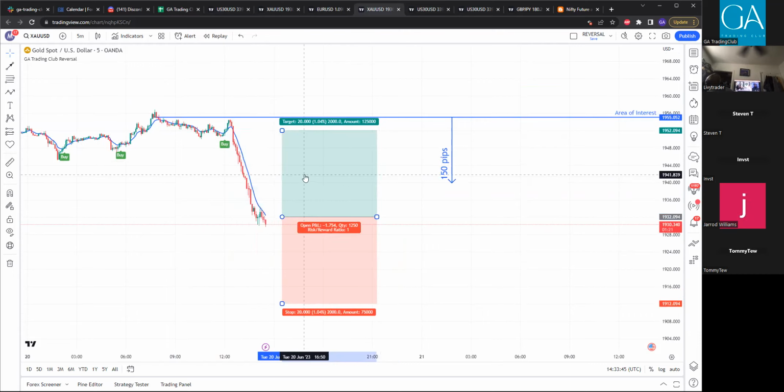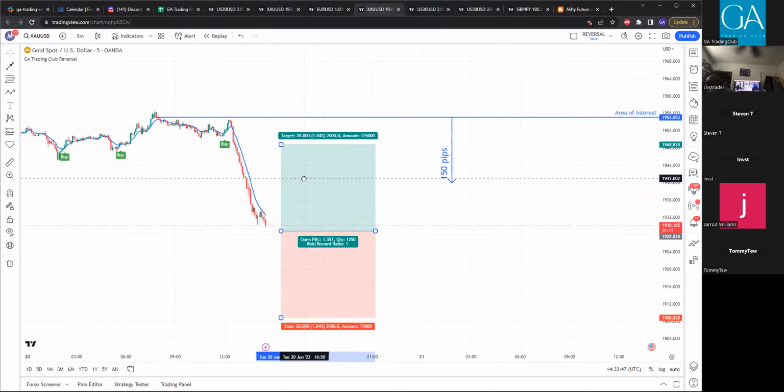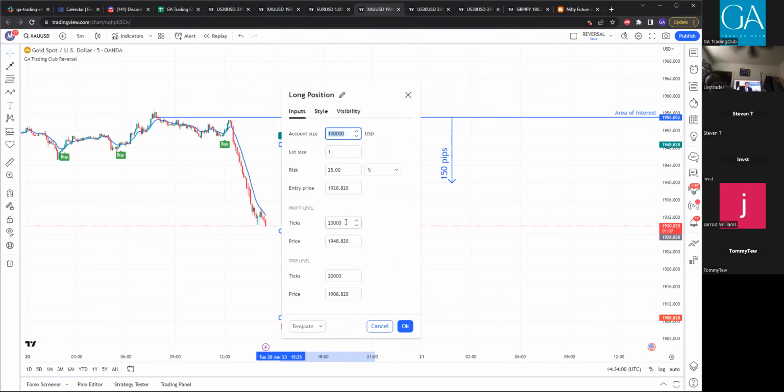So if you get that trade at 2 p.m. or 3 p.m. and you don't have time to look for the trade later on in the night, go ahead and use a 200 pip TP and stop loss. You should be safe enough, hopefully. So that's two ways to go about trading in that range of time, if you still do want to trade.